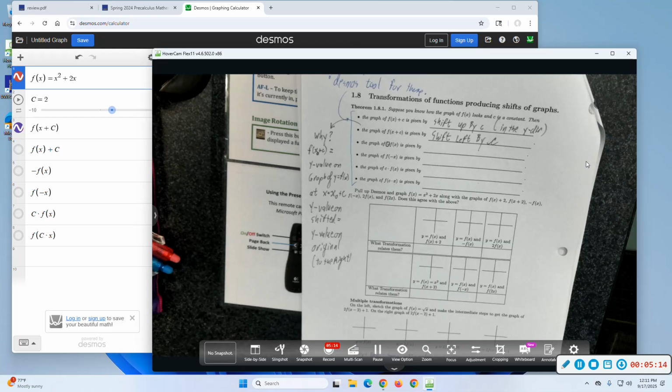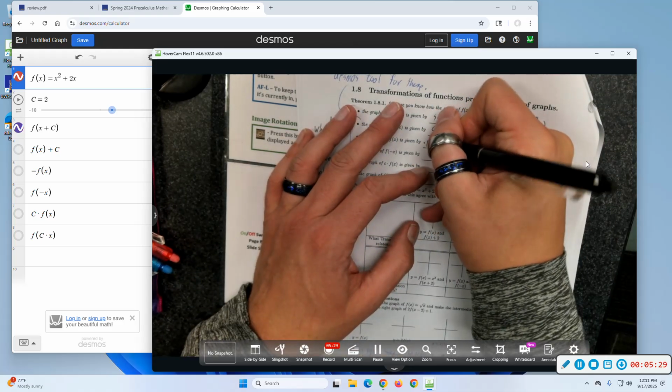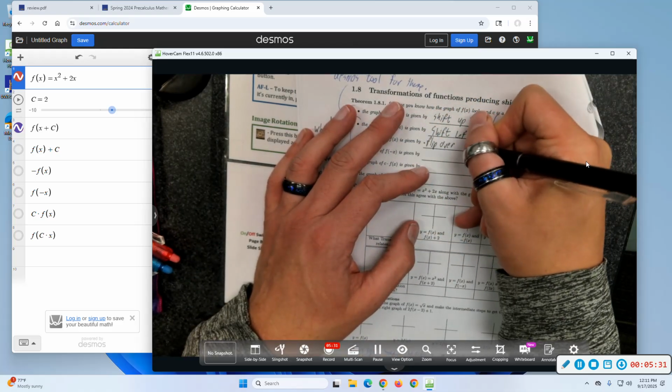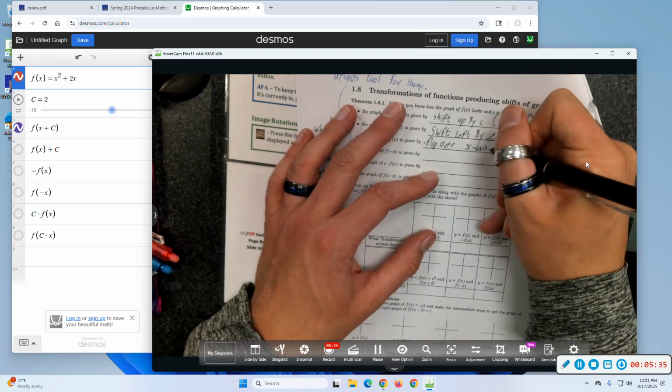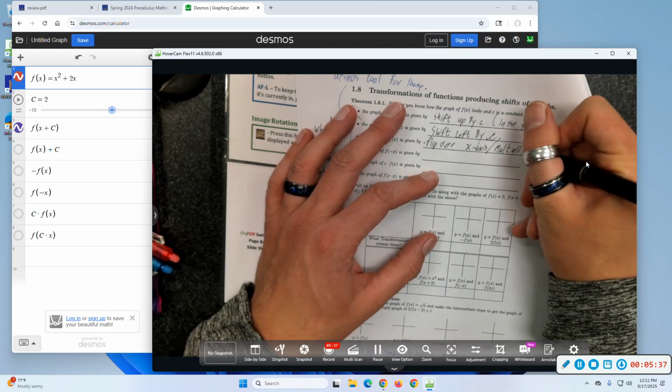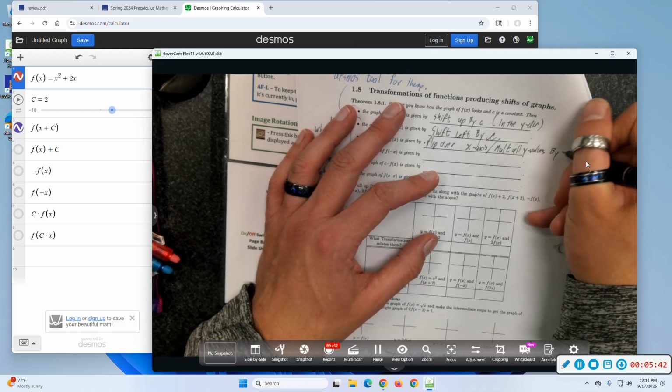That's going to take all of the f of x's, that's all the output values, and make them negative. So it'll change the sign of all of the outputs. So that'll flip over the x-axis because it will multiply all y values by -1.